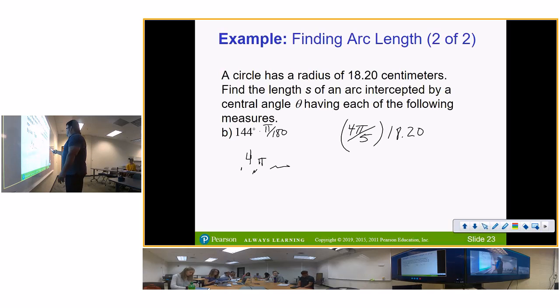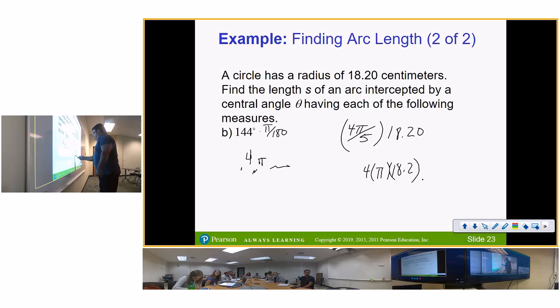And somebody multiply that out for me, round it to 2 digits. What do you get? 4 times pi times 18.2 divided by 5. What do you get? 45 point what? 45.7. Thank you. And that's how you do it.